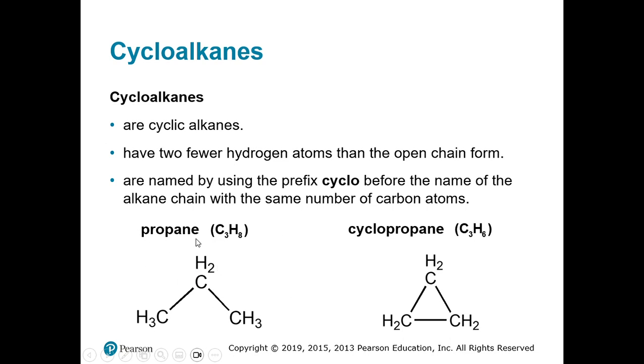But if you consider cyclopropane, there you have 3 carbons, but they are in the form of a triangle, so they are attached to each other. If you consider hydrogen atoms, cyclopropane has 6 hydrogens, which is 2 less than regular propane, where you have 8 hydrogens.